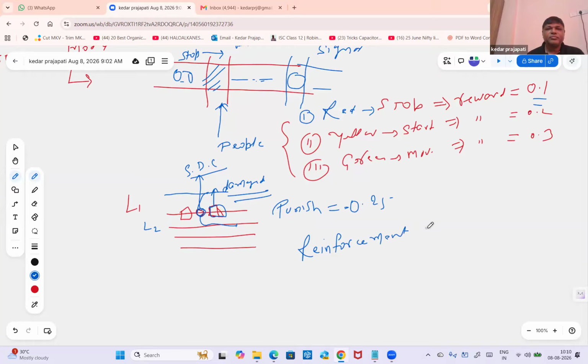We are imposing some rules on this, and if it is not behaving according to that, you will punish it. And if it is behaving according to that, you will reward it.